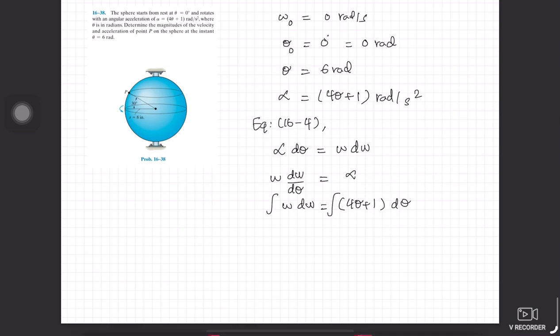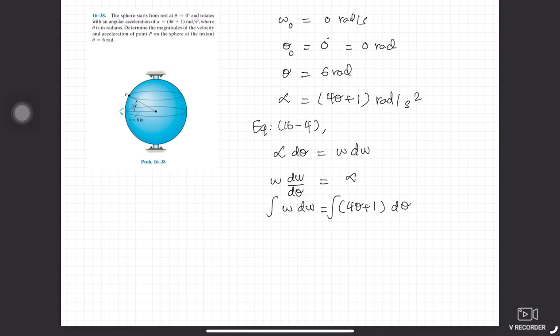The result of integration is omega squared by 2 equals 4 theta squared by 2 plus theta, and then plus C as a constant.